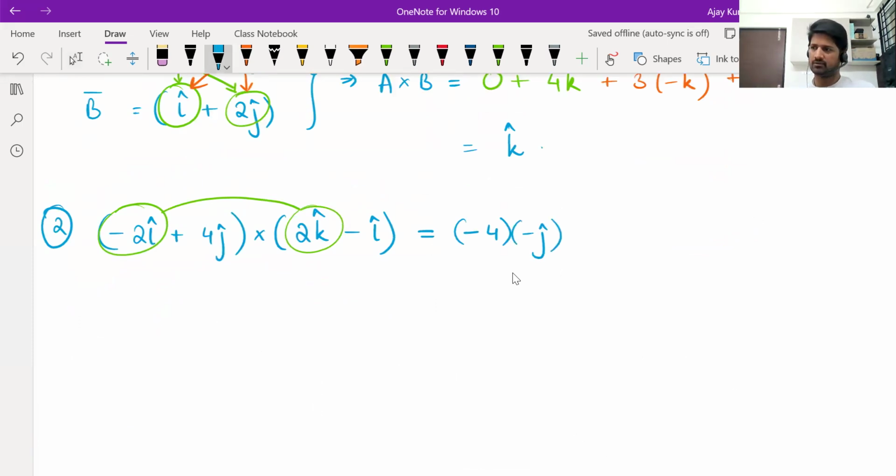As I said, K cross I is not same as I cross K. So here, this is the first vector and this is the second vector. You cannot interchange them. Pawan, is this clear? Yes, sir. Okay. Rishi, you tell me now. What is minus 2 I cap cross minus I cap?